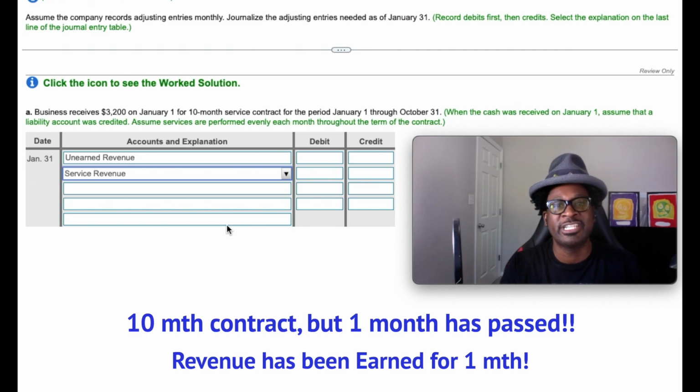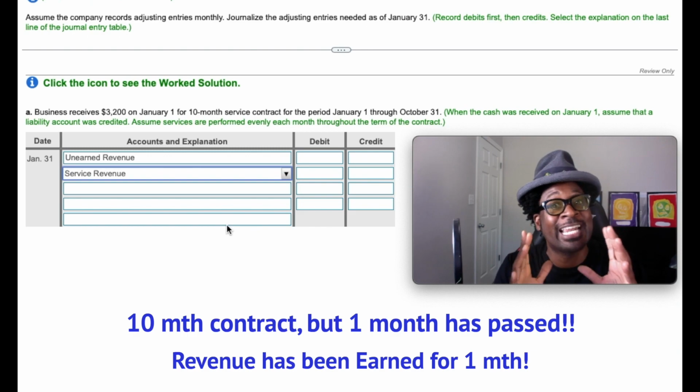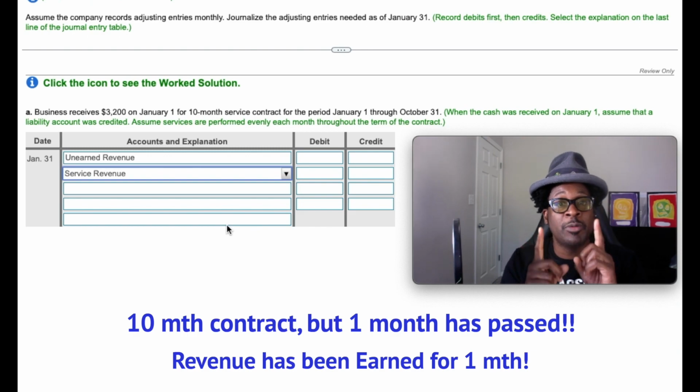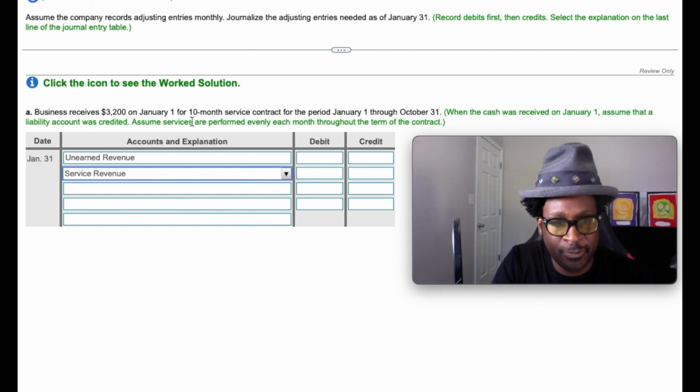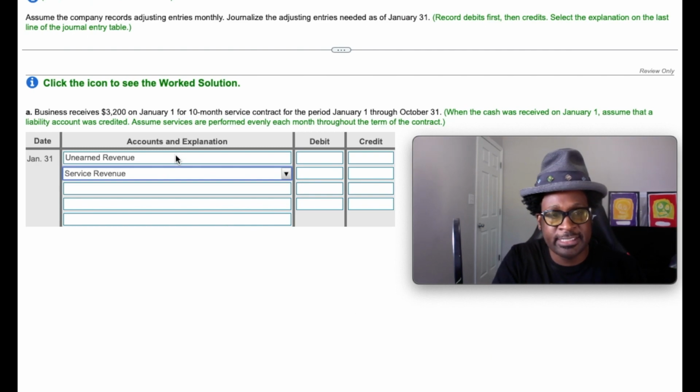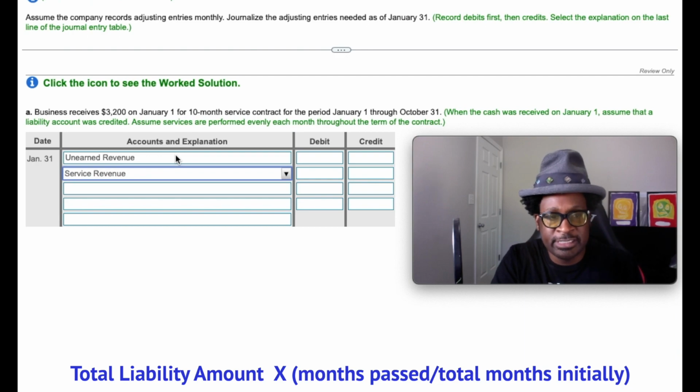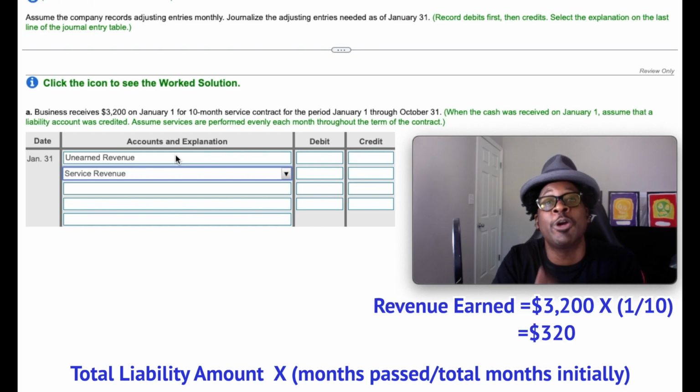So we have to adjust that unearned revenue, that liability, by 1 month because we've provided a service within this month. Therefore, our proper calculation will be to take the initial amount, which is $3,200. We're going to multiply that times the time that has passed, which represents the revenue earned.